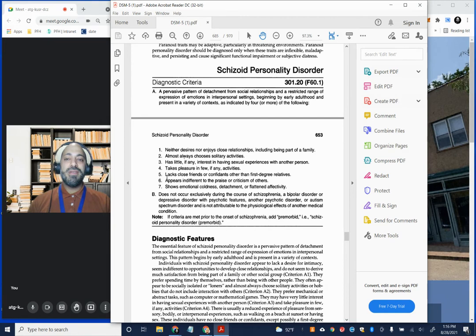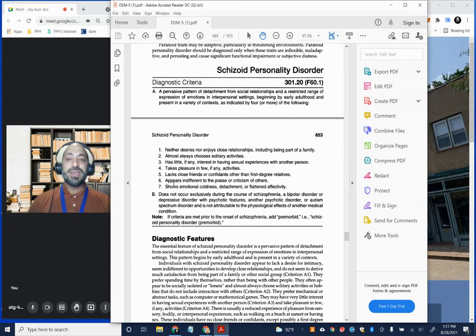Number five, lacks close friends or confidants other than first degree relatives. So they might have a few individuals that they can confide in, close family dynamics or relatives that they may know. So they lack close family relationships, close friends as well.